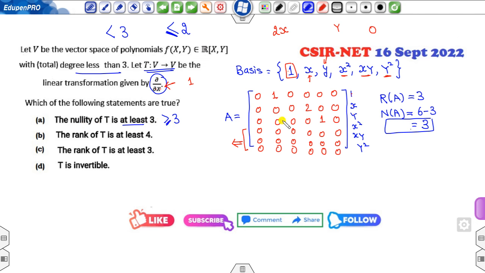Is equality there? Yes. The rank is at least 4 is false, since the rank is 3. Rank is at least 3, yes, equality is satisfied. T is invertible is not possible because the rank of the matrix is not equal to the number of columns. So the right answers are A and C.